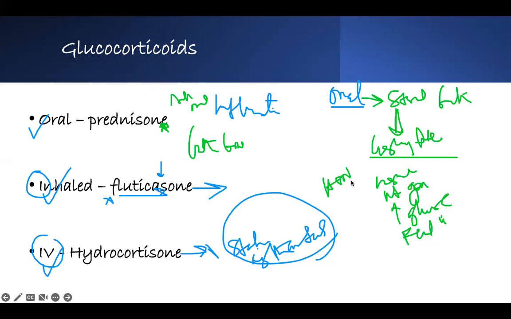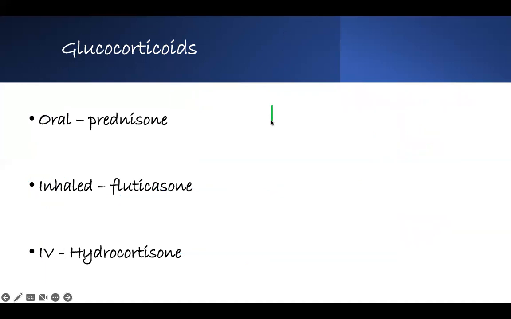If they put it in a SATA question, it's possible. It can take a long time to get those symptoms, but you expect that because they expect you to know that this is part of the pathophysiology of the disease. If you're on steroid, yeah. And then your teaching follows the same pathophysiology. You tell them if you've been on steroid for 6 months, we cannot stop it right away.